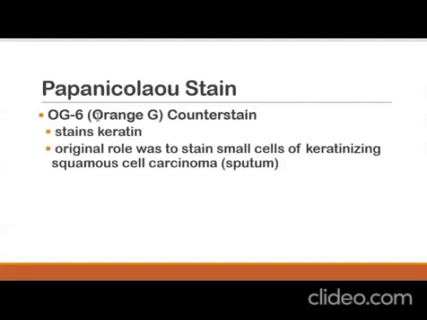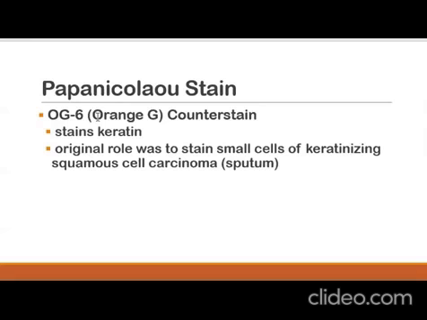Okay, OG. Other variants of OG are OG5 and OG8. Again, their numbers differ just because of the concentration of phosphotungstic acid that has been added in the formulation. Okay? So that's it.